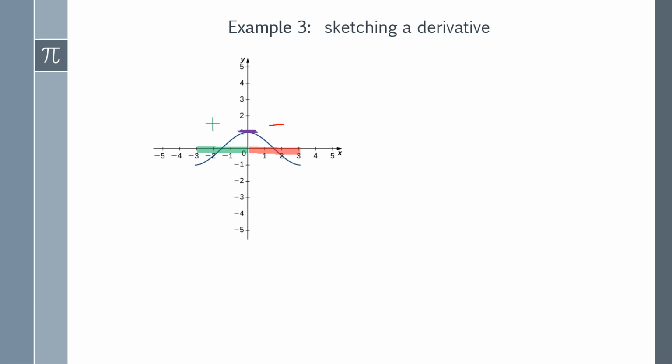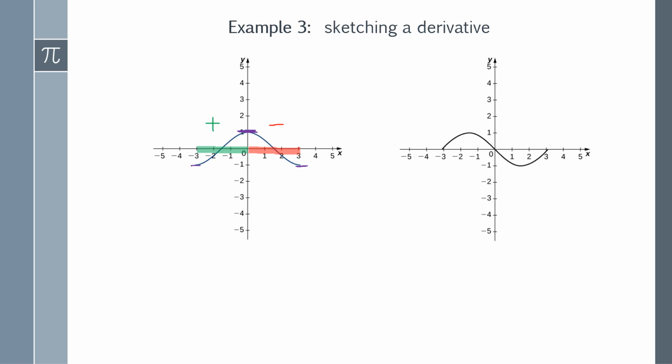And also, if you were to try to do tangent lines at the end points, that also looks like we would get horizontal lines. All right, so putting all of that together, let's see a sketch of our derivative function. Okay, there it is. So our function is indeed positive. Okay, so this is f prime, right?